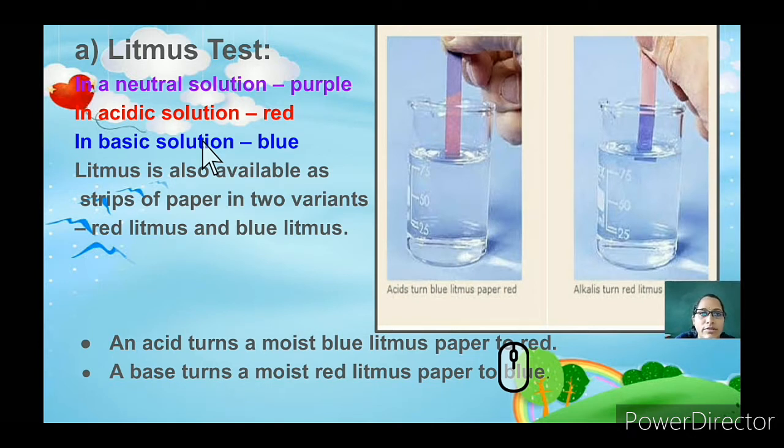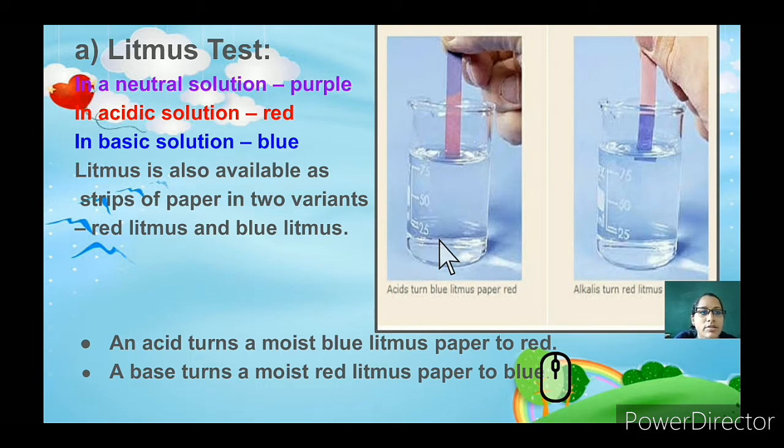You all might have seen litmus paper. It's an easy way of differentiating an acid and a base. Here you can see an unknown solution is given to identify whether it is an acid or a base.